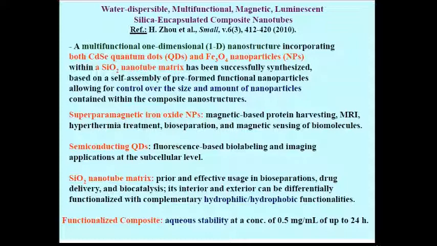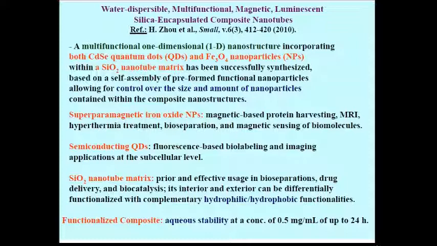Superparamagnetic iron oxide nanoparticles have been used for protein harvesting, MRI, hyperthermia treatment, bioseparation, and magnetic sensing. Quantum dots have been used for fluorescently labeled biolabeling and imaging applications at the subcellular level. And all of these particular structures are incorporated within a silica nanotube matrix, which has prior and effective usage in bioseparations, drug delivery, and biocatalysis.